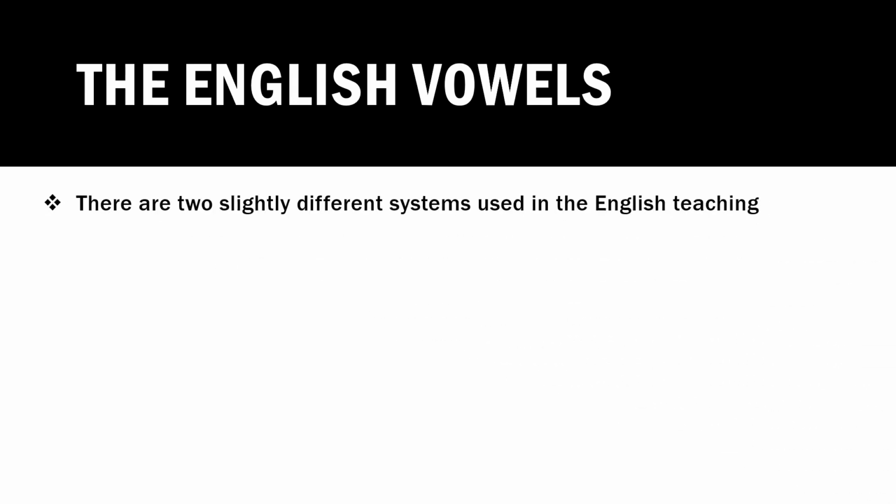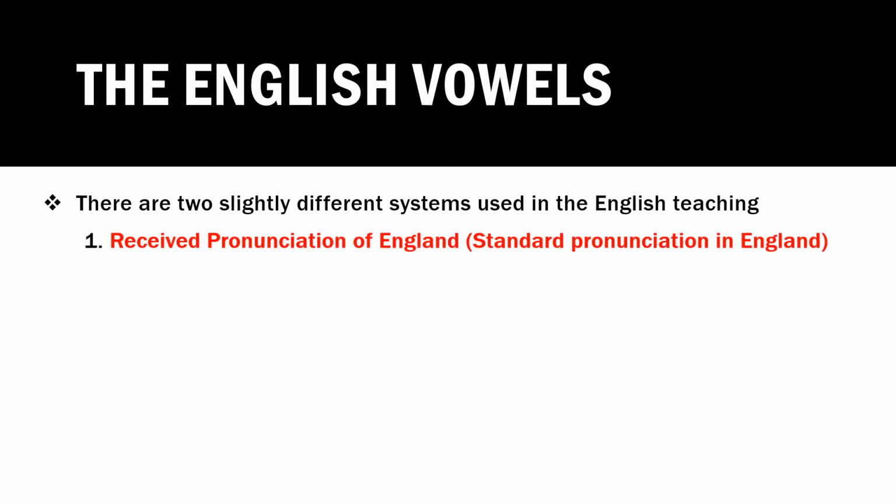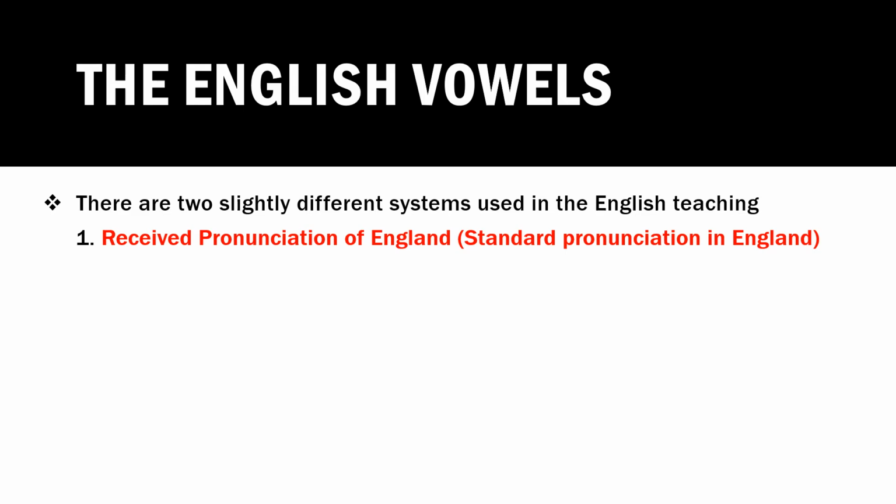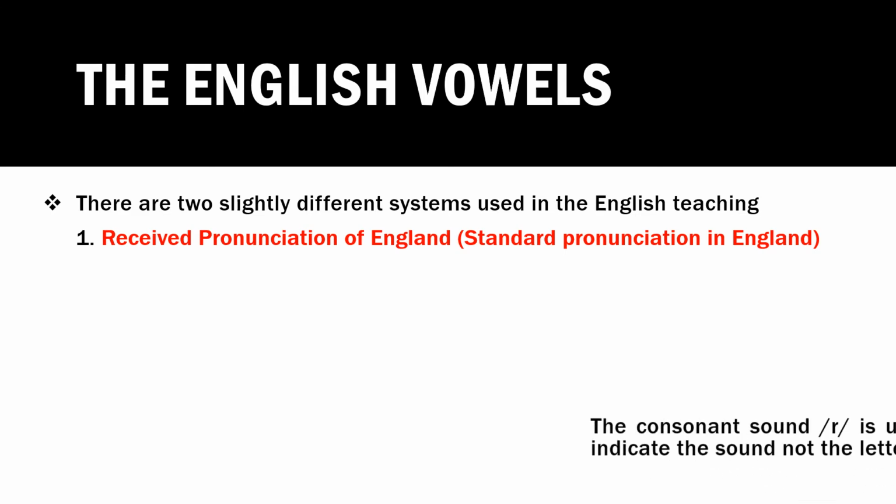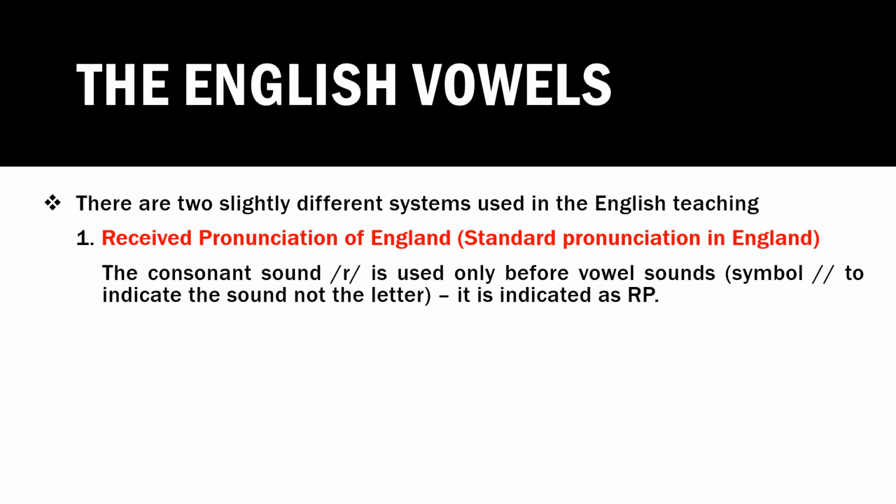There are two different systems used in English teaching of pronunciation. The first one is received pronunciation of England, which is the standard pronunciation style of England, and we indicate this pronunciation style by using the abbreviation RP, which is a short form of received pronunciation.